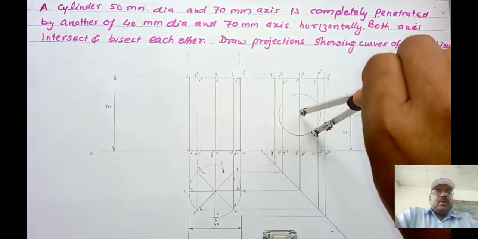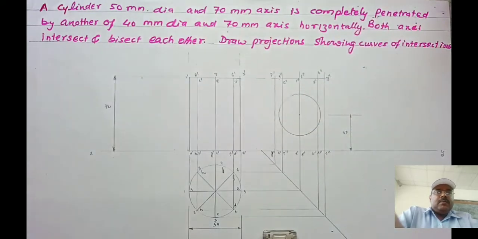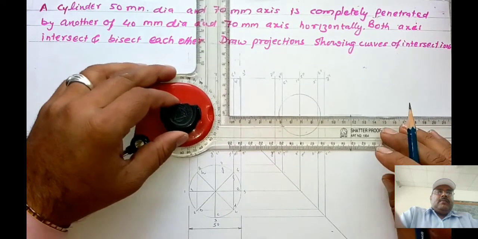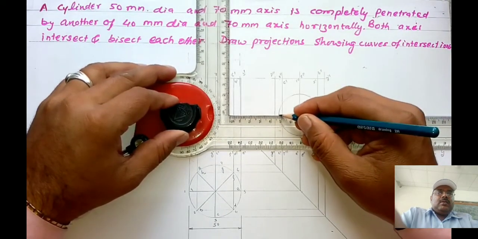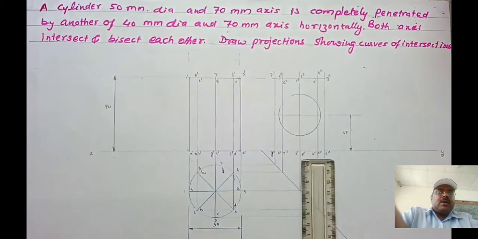We observe the circle of the horizontal cylinder in the side view. Then make the equal parts of this circle also.